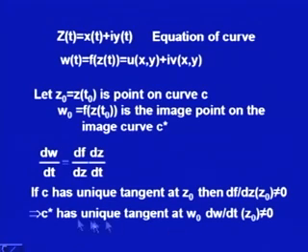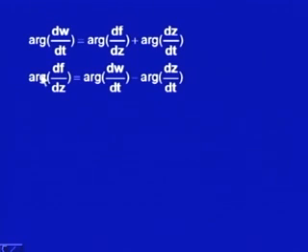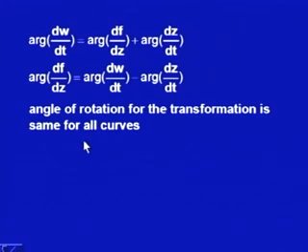So, C star also has a unique tangent at w0, and from here we can find that the argument of dw by dt is the argument of df by dz plus the argument of dz by dt, which simplifies to give: the argument of df by dz is equal to the argument of dw by dt minus the argument of dz by dt. This means the angle of rotation for the transformation is the same for all curves.